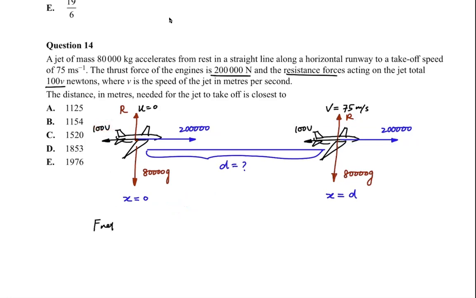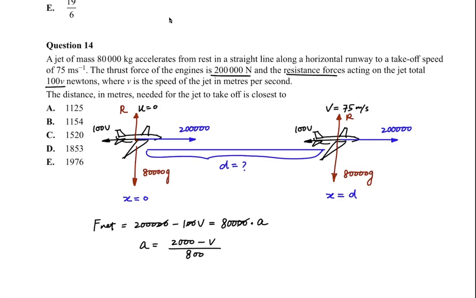F net is the driving force, which is the thrust, take away 100v, the resistive force, equals the mass 80,000 times acceleration. So a equals (200,000 take away 100v) divided by 80,000, which is (2,000 take away v) divided by 800.